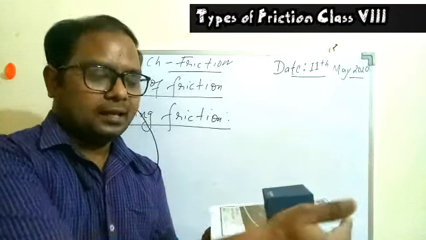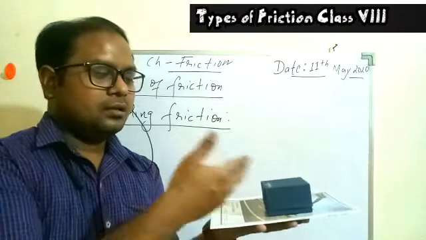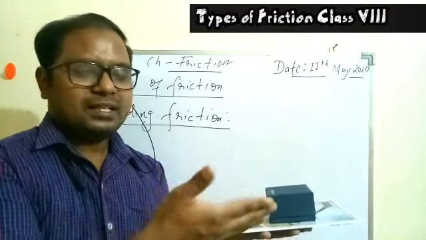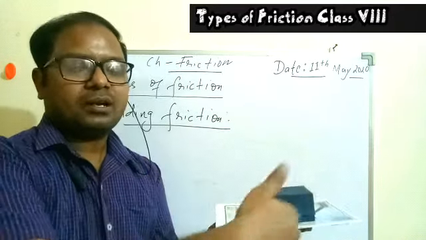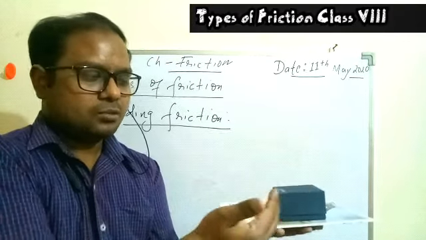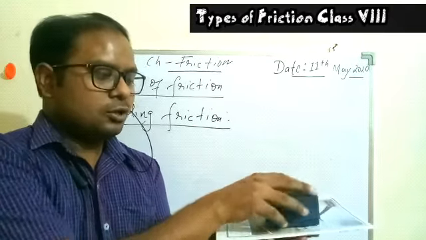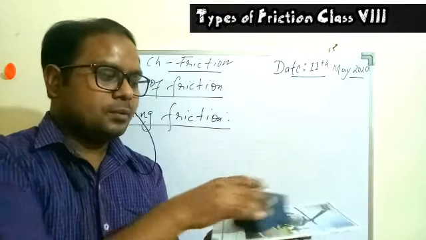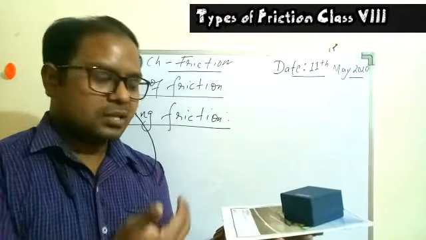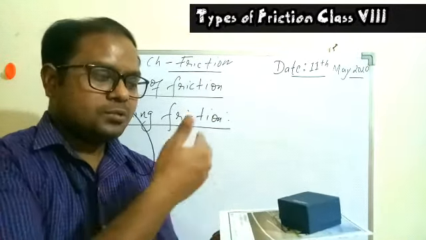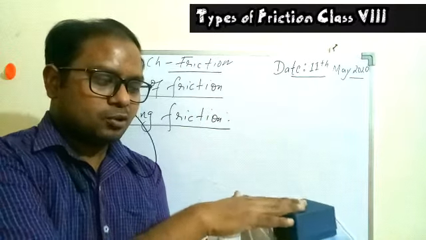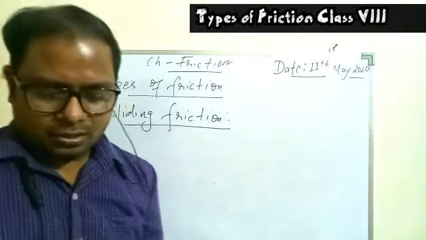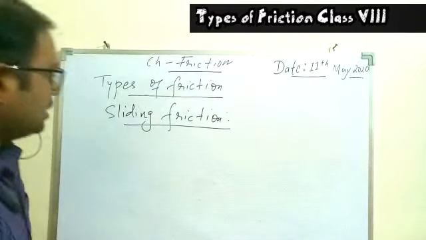So when the object is sliding on the surface, then also there is a friction between the two, that is the object and the surface, and that is why the object will come to rest after some time because of the sliding friction. So the object is moving, once you apply the force it starts moving, and after some time it comes to rest. Why does it come to rest? Because there is a friction. So when the object is sliding and the friction is acting between the object and the surface, the name given is sliding friction.